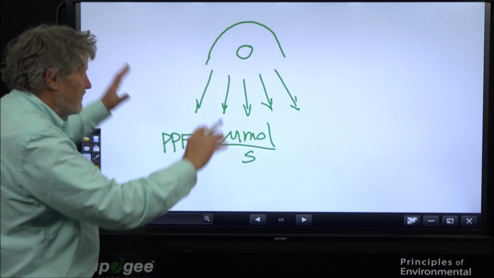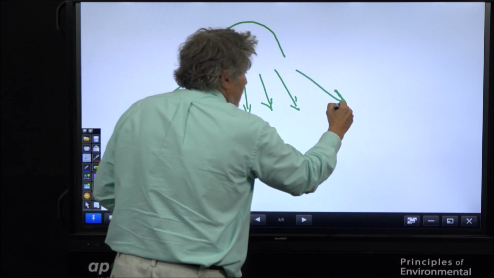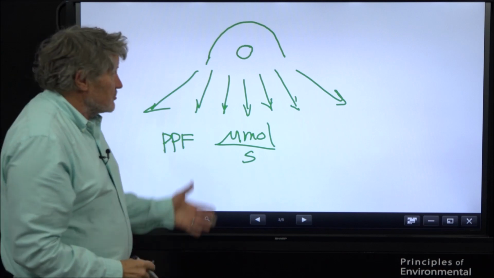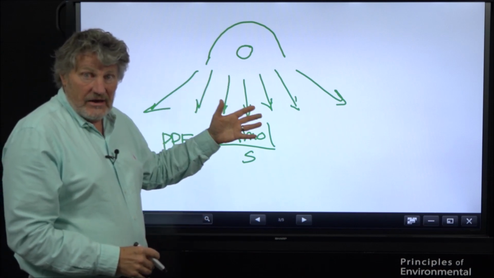There's no area, it's a total. It doesn't matter if the photon's way over here or in the middle, it's a total number of photons. This is important when we're testing efficacy of a light.